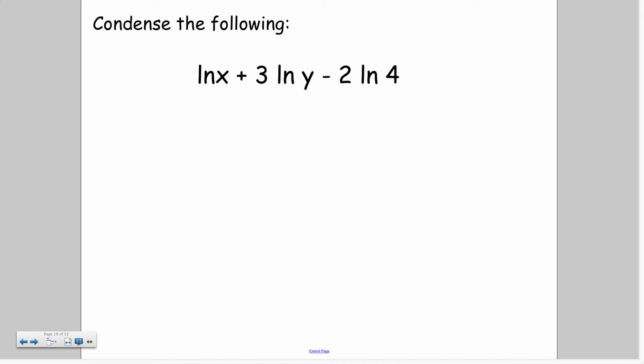So we've got a couple things going on this one. This means we're going to multiply because we're adding. This means we're going to subtract. Or, sorry, we're going to divide because we're subtracting. All right? We have numbers that need to be moved to the back. All right, and this is the one that you really need to be paying attention to.